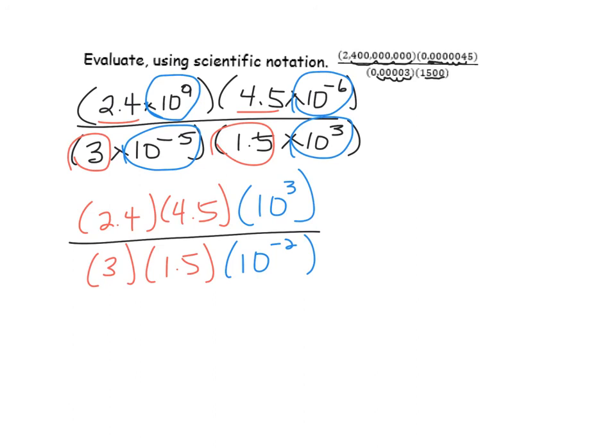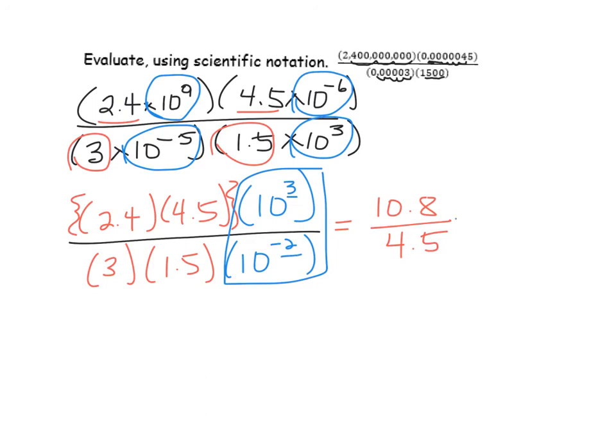Therefore, if we plug this into our calculator, 2.4 times 4.5, if you type that in, you would get 10.8. And the bottom, 3 times 1.5 is 4.5. And then if you do the 10 cubed divided by 10 to the negative 2, subtract your exponents, you would get 10 to the 5th.